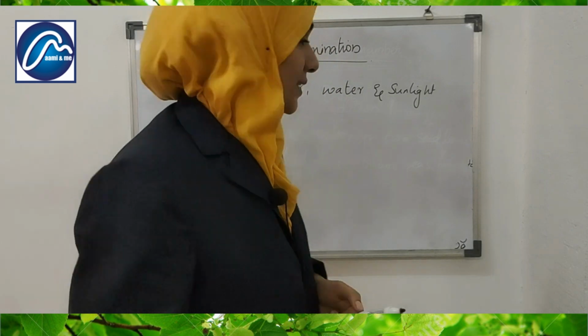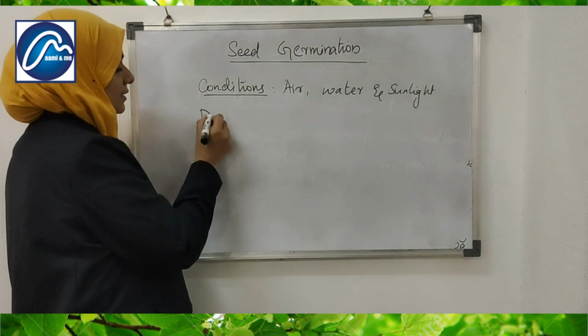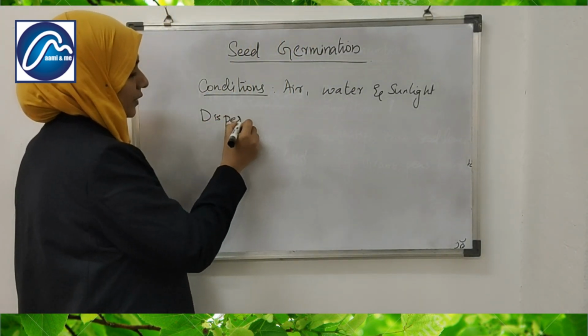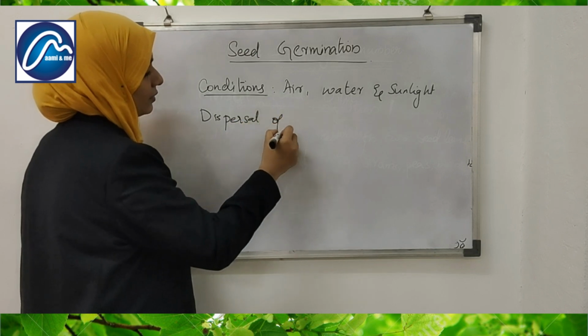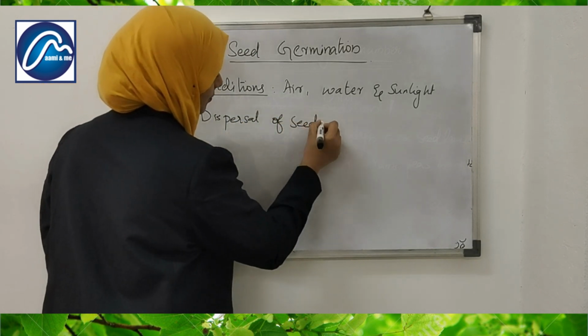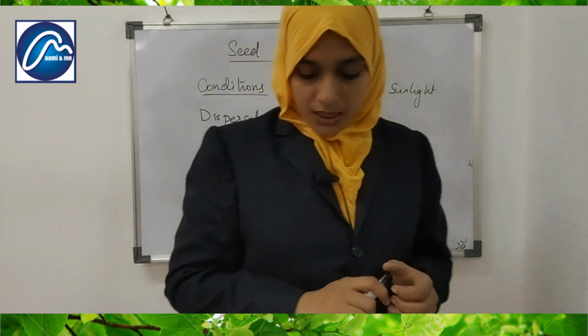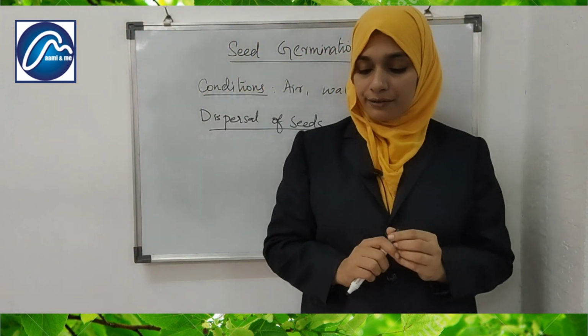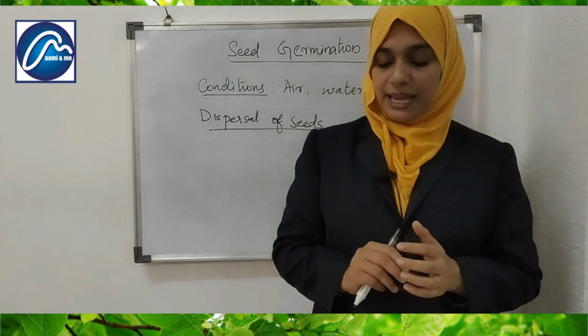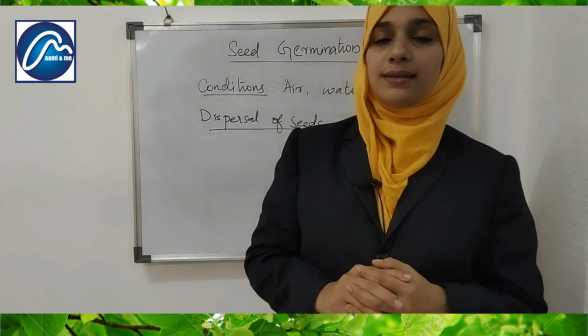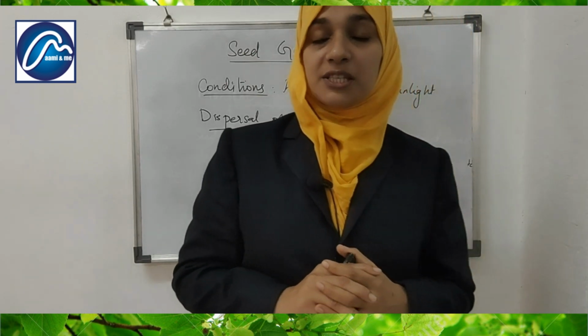Then, next we are going to study about dispersal of seeds. The process of scattering of seeds or fruits away from their parent plants is called dispersal.